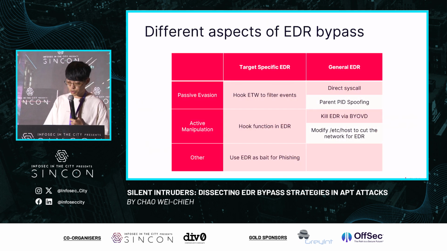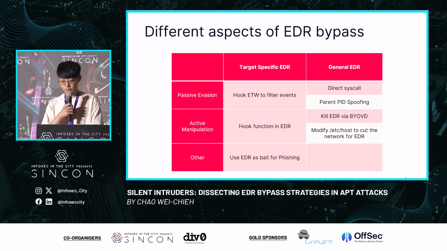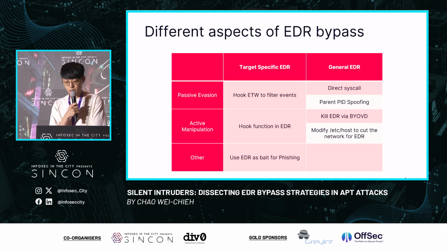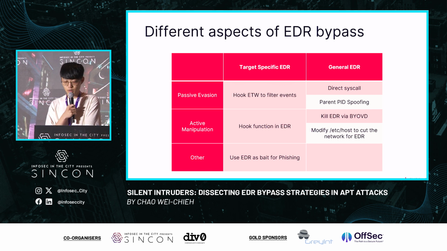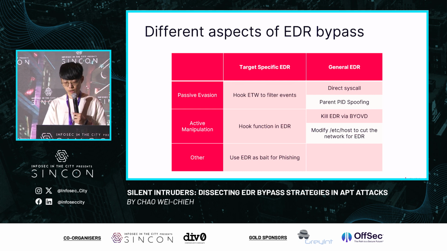In addition to active manipulation and passive evasion, there are some techniques that require a well-studied understanding of the EDR and target a specific EDR system. Based on this factor, we divide the techniques into 5 categories. All of the techniques we list in the table, we will show in the following APT cases.